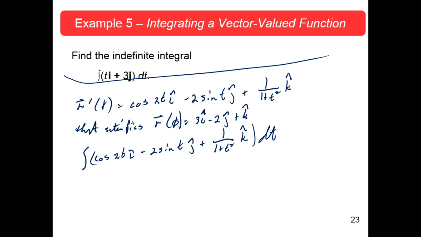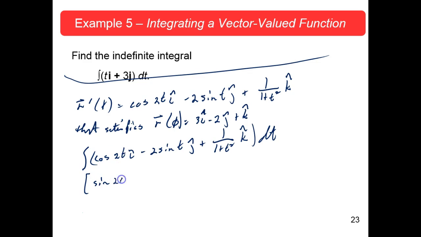I can't talk. So, what's the antiderivative of cosine 2t? Negative sign? Okay, if you were taking a derivative, that would be a negative. Taking the antiderivative, though, is a positive.